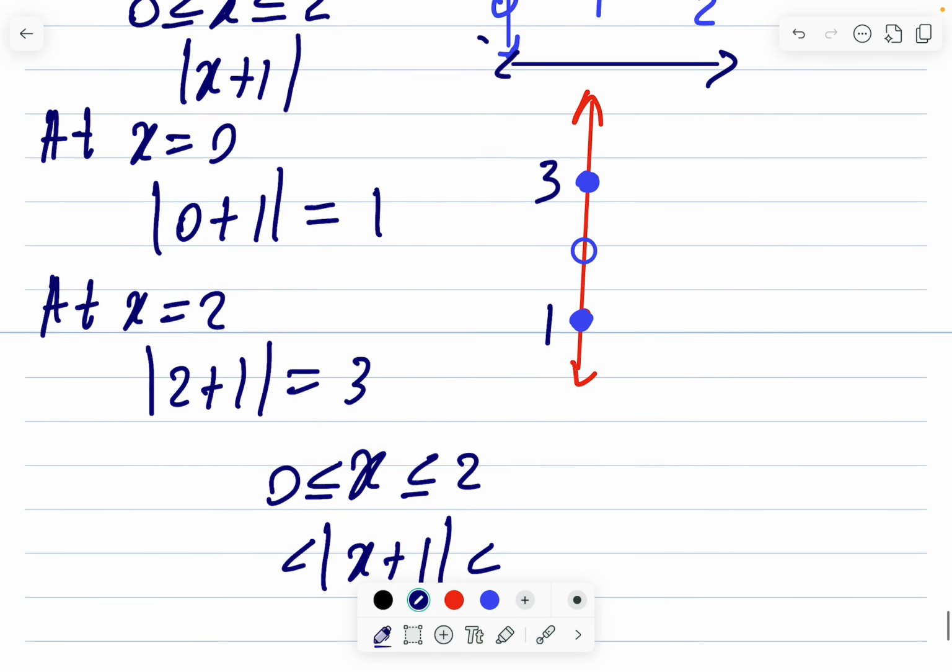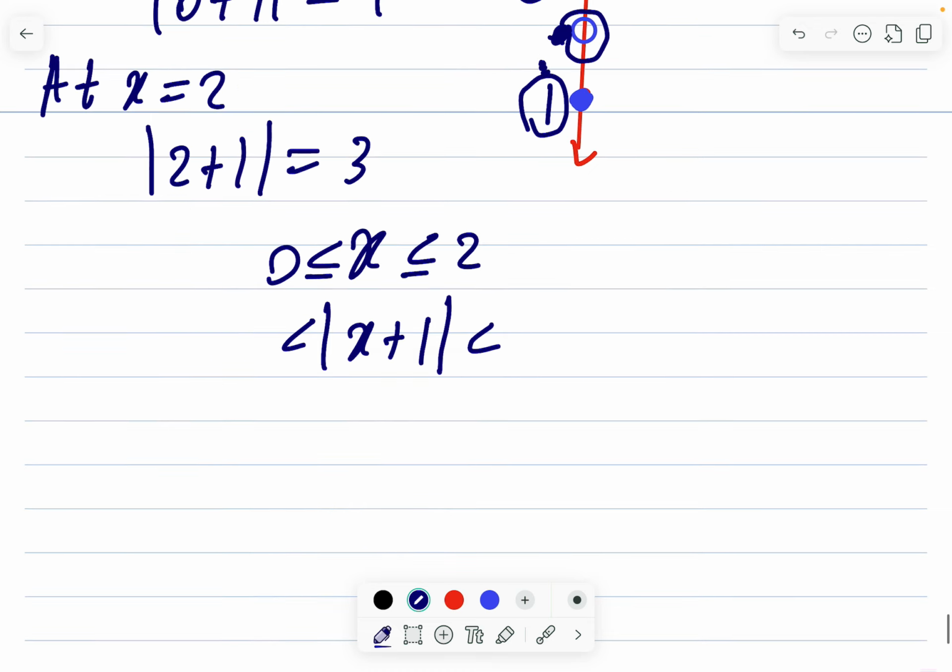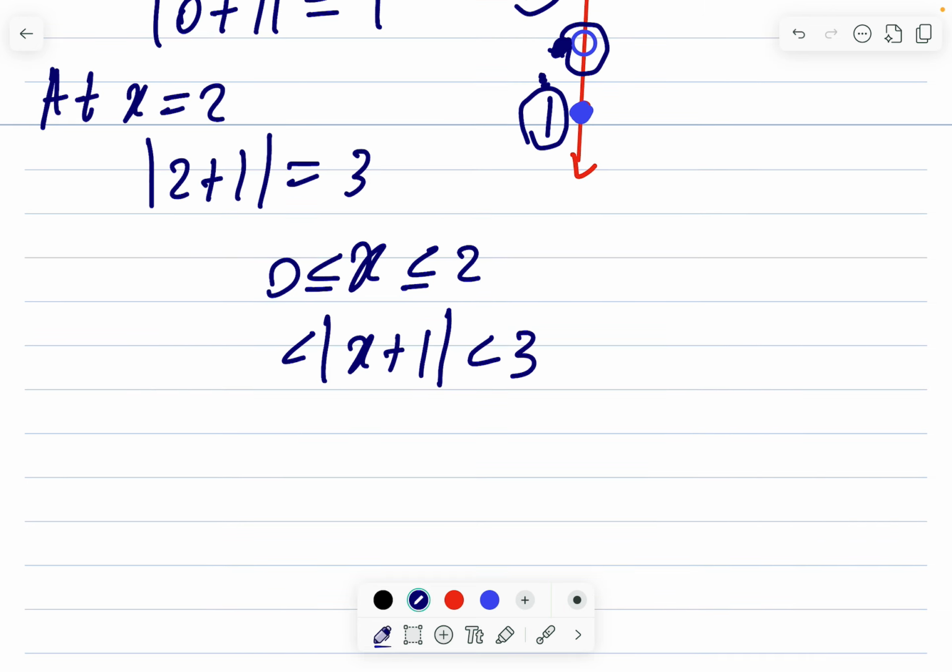We know the values of x that we got, and the answer that we want here is between what? The values of f of x are between 1 and 3, but greater than what? Greater than 1. This thing is greater than 1, but less than 3. It means this thing is less than what?